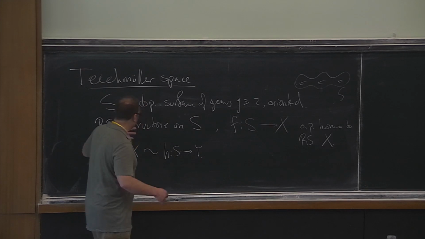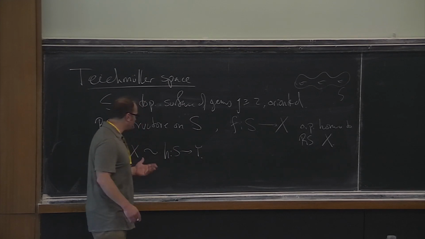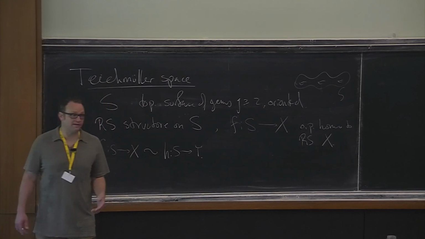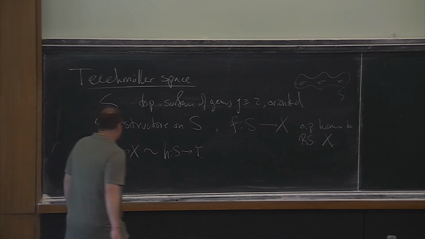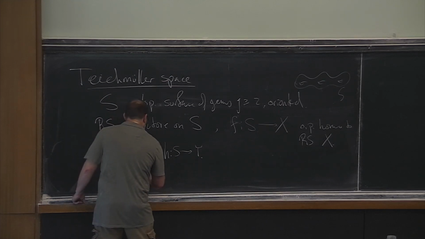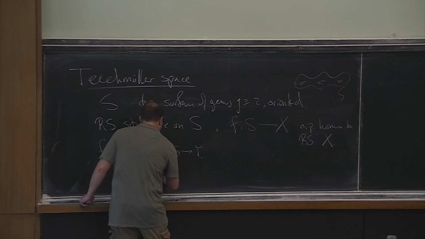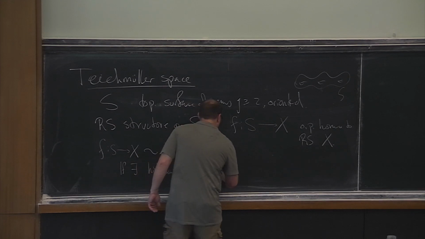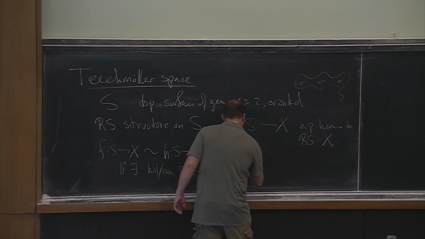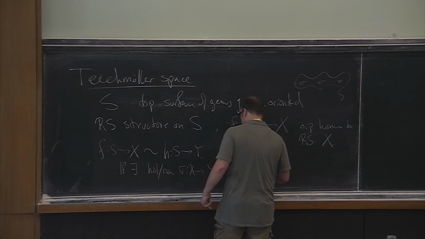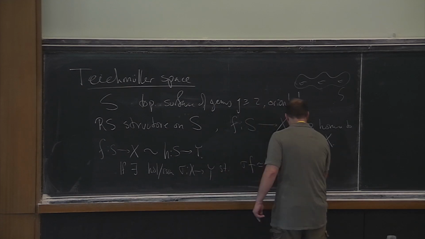But I want that holomorphic map or isometry to respect the way that S is wearing those Riemann surfaces. So we'll say that if there exists a holomorphic map or isometry sigma from X to Y such that if I do f and then sigma, that's homotopic to h.